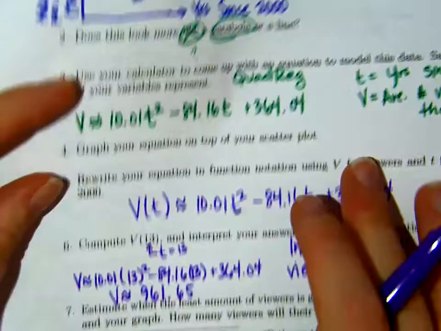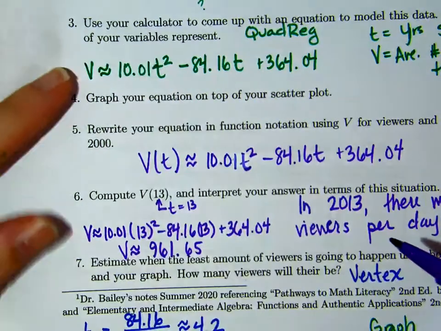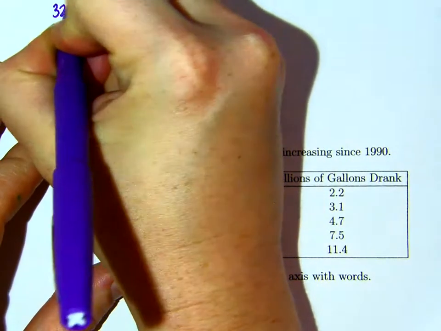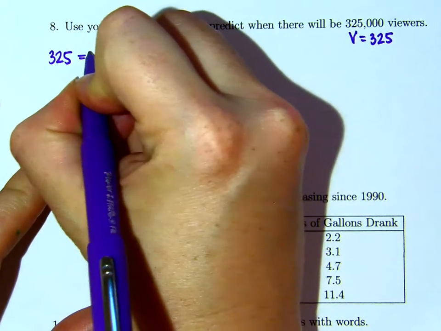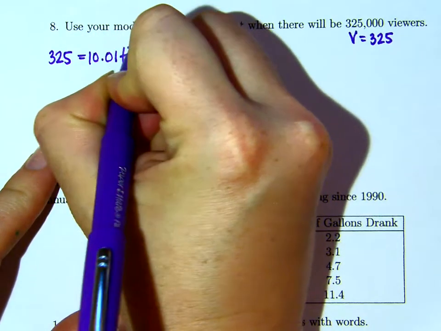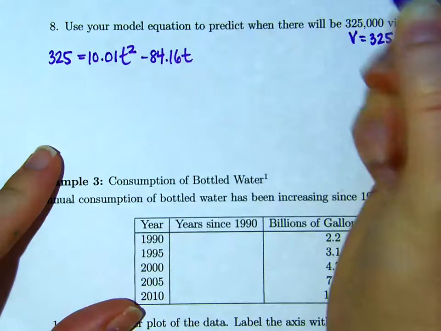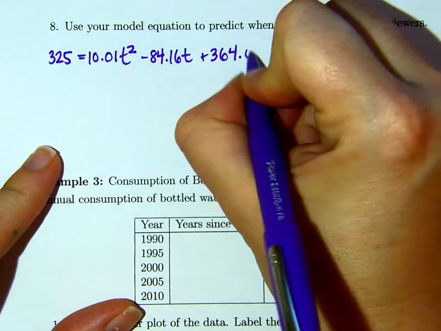So I'm going back to our model. V equals this. Okay, so we are saying that 325 is equal to 10.01 t squared minus 84.16 t plus 364.04.